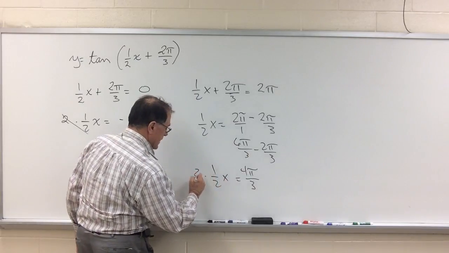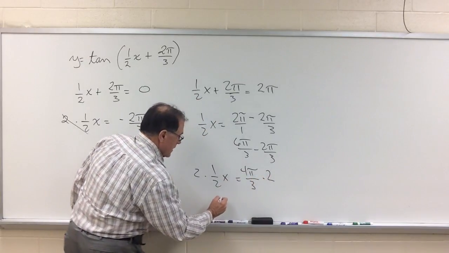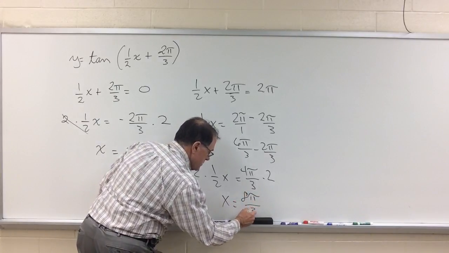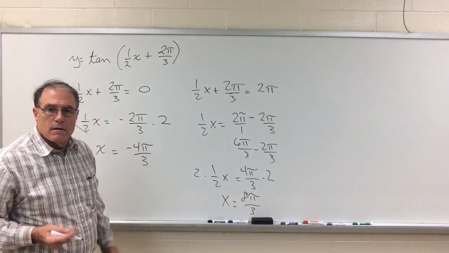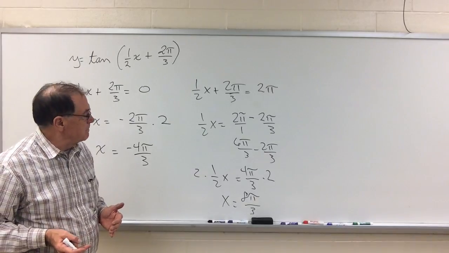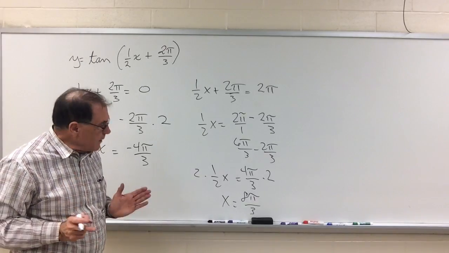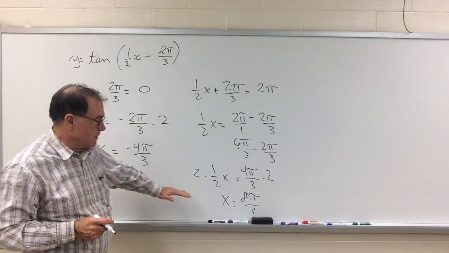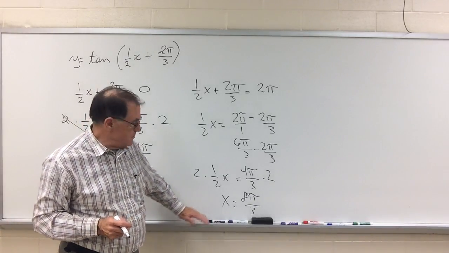So multiplying by 2, x will be 8 pi thirds when my graph completes its cycle. Alrighty, so the period of this curve is from negative 4 pi thirds to 8 pi thirds.